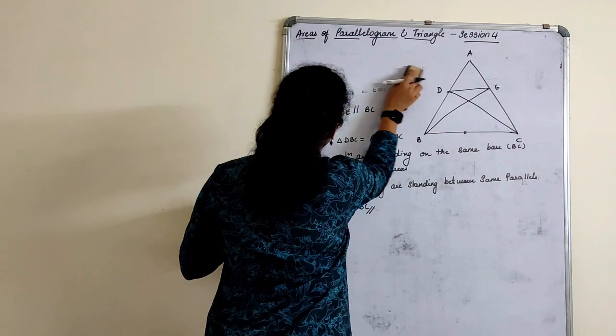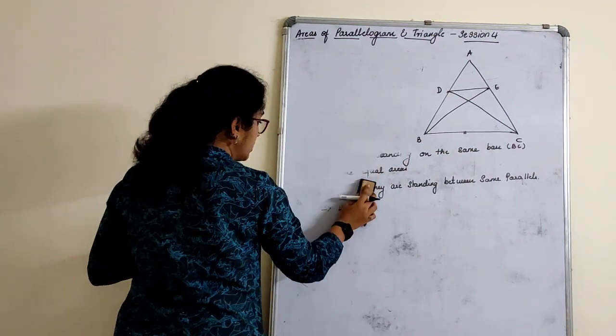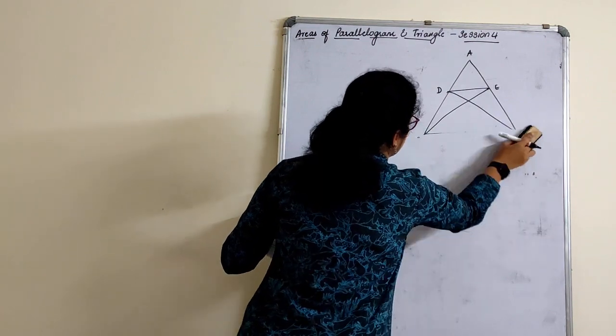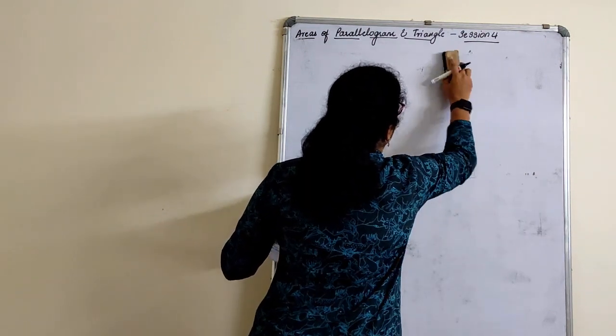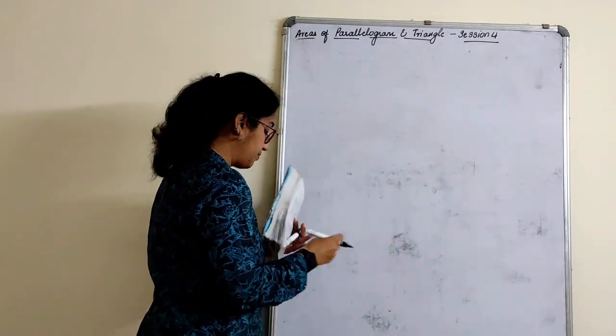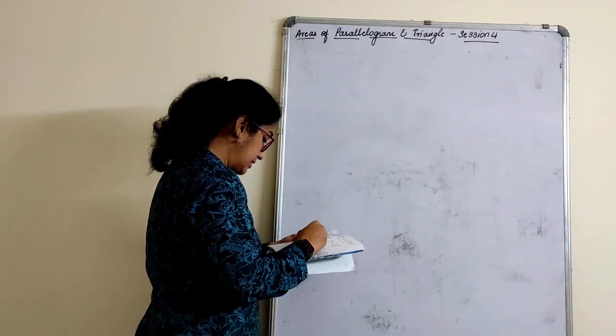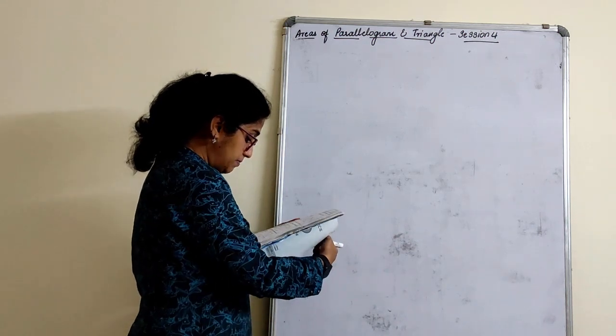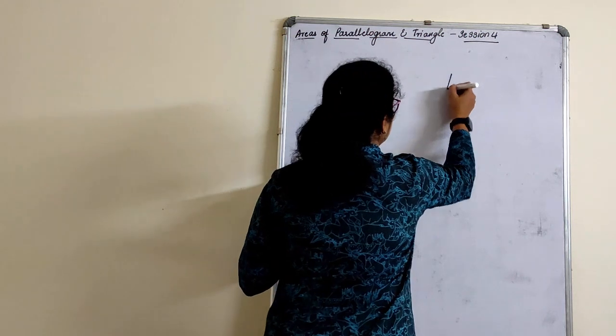Please mark the question numbers and write the question numbers accordingly. However I am teaching, write it accordingly with those questions only. Okay. So the next one, 10th one, diagonals AC and BD of a trapezium ABCD.